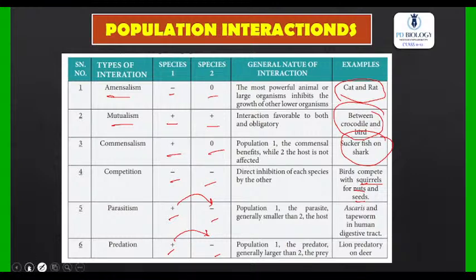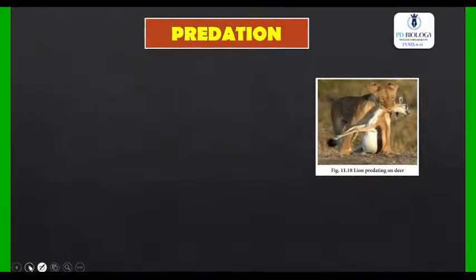Moving to the next part, the predation. See the biological control: predation, methods to control pests.